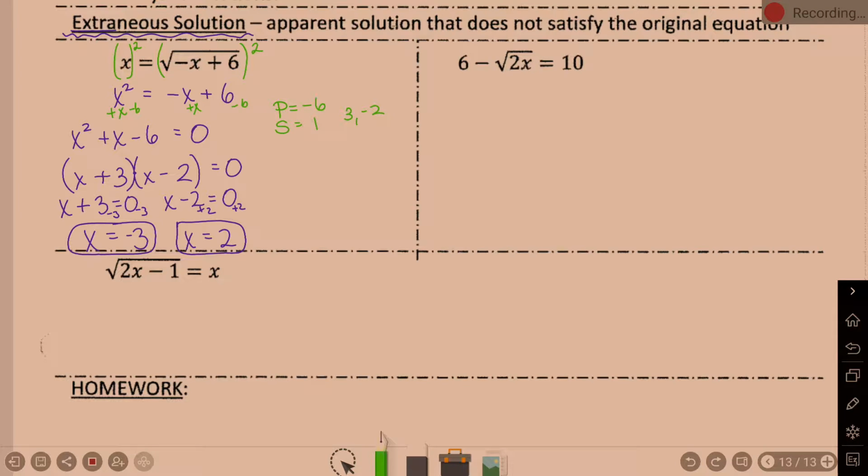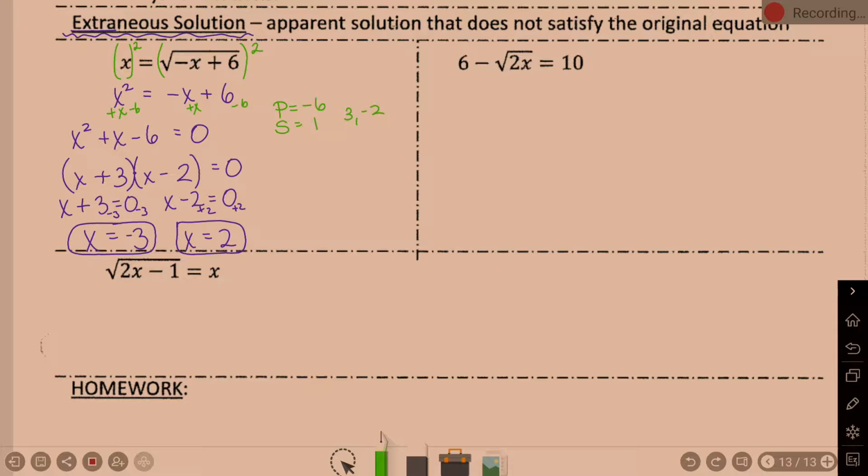What's my final step? Which one satisfies the original equation? Yeah, check your solutions. Okay, so this is where you're putting both of them back into the original problem.